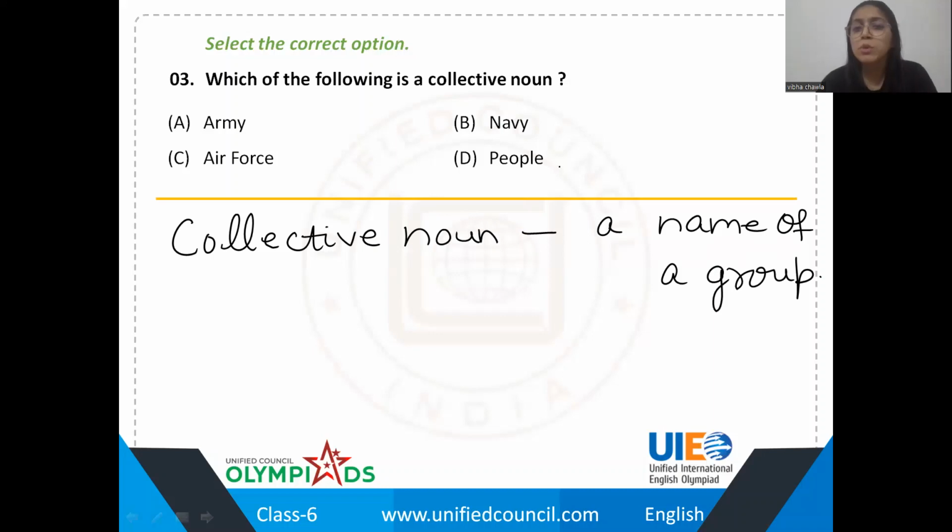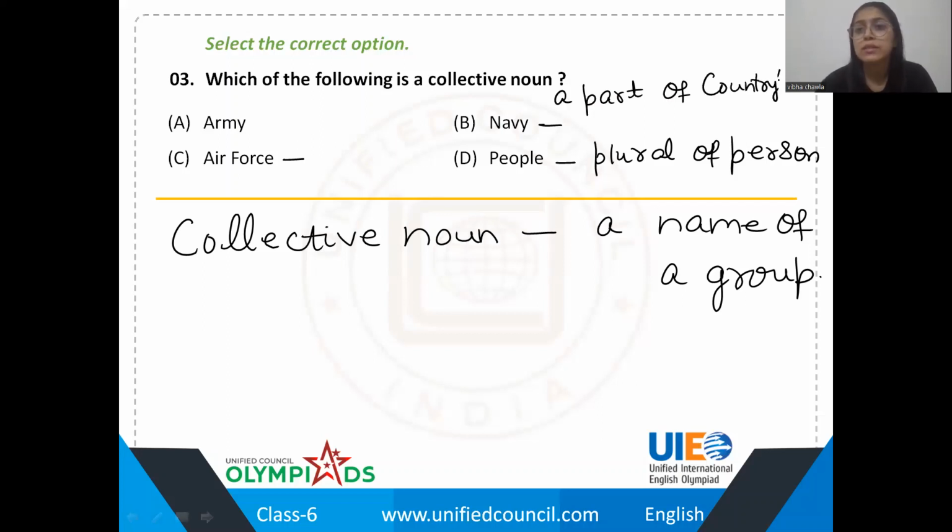So if I talk about people, people is nothing but the plural of person. If I talk about Navy or Air Force, both of these are part of a country's armed forces, right?